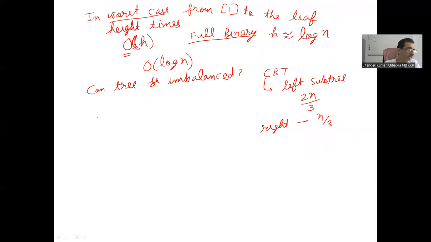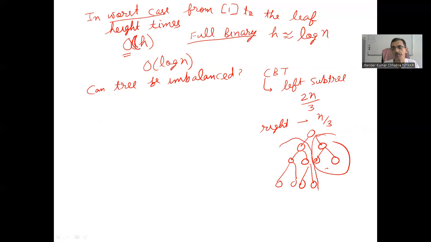You can easily see that if all leaf nodes existed for the left subtree only, the right side was totally free, something like this, and now I have all children up to this only. This side, nothing. So this side has fewer nodes.